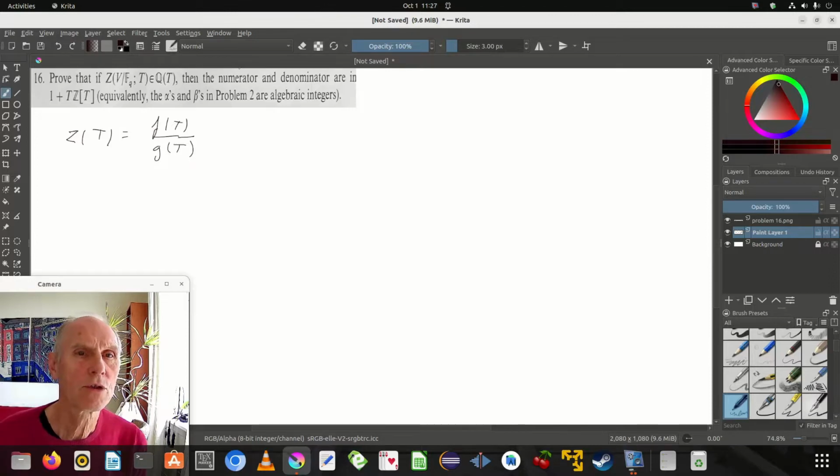And then we have to show that the numerator and denominator both have the form 1 plus terms with integer coefficients. Of course, we could multiply them by 2, both f and g. So it's that they may be written like this.